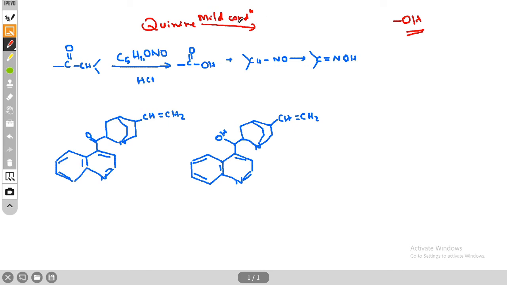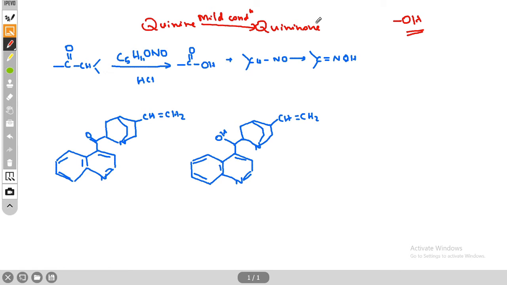It gives quininone, which on treatment with amyl nitrite and hydrochloric acid yields quininic acid and an N-oxide, which gave meroquinine on hydrolysis.